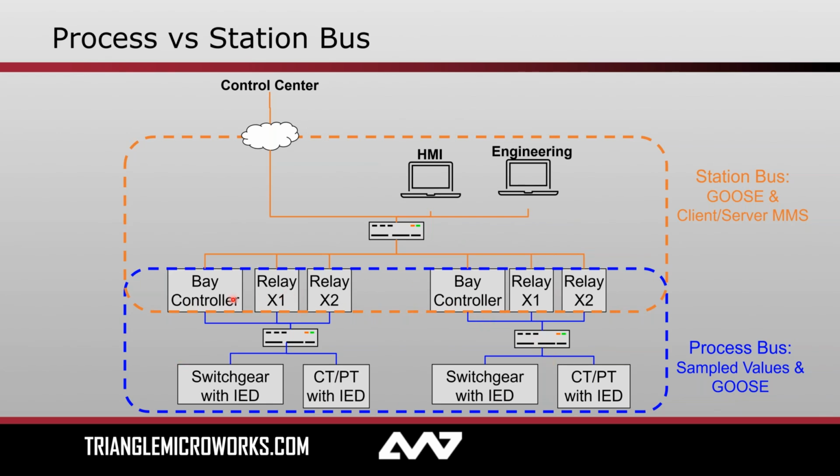Now, you'll notice these IEDs in the middle are actually straddling both the station bus and the process bus. Typically, these will have multiple network interfaces, one facing the process bus side and another one facing the station bus side.